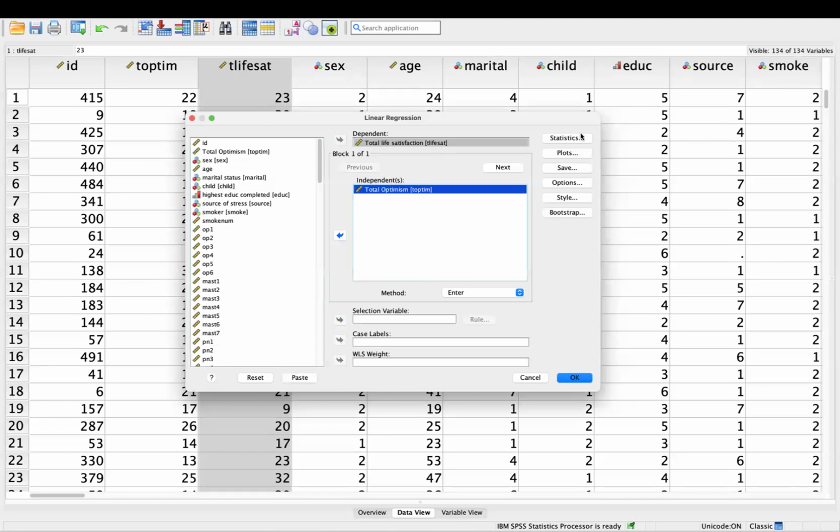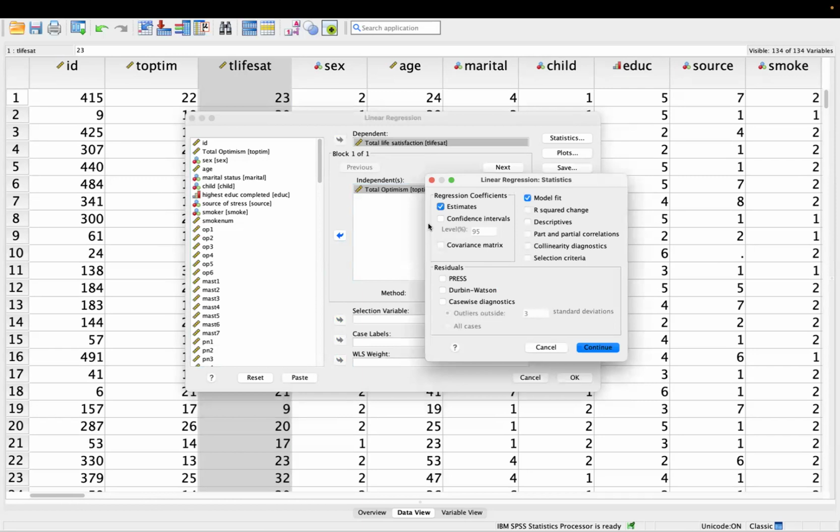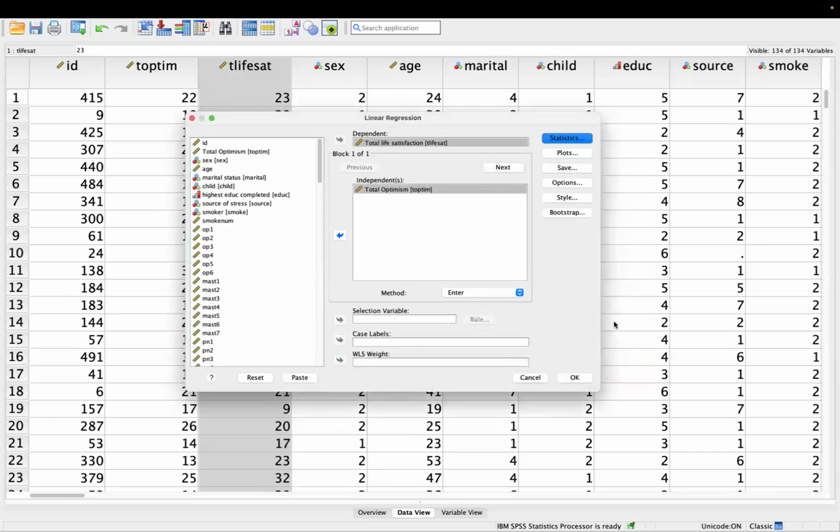Okay? Now we can get in here into some statistics that we want. Always get the 95% confidence intervals. Remember, didn't we see Durbin-Watson before somewhere? Case-wise diagnostics, outliers. So it's all right here. I take descriptive statistics. You continue. Here's the bootstrap button right here if you needed to bootstrap.